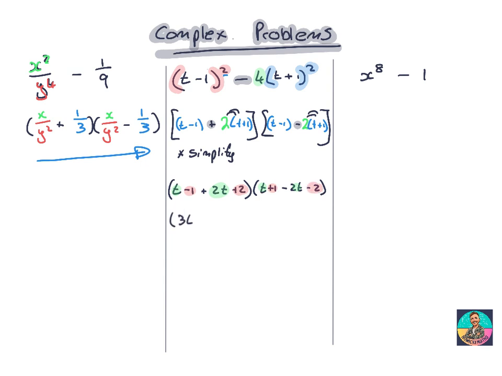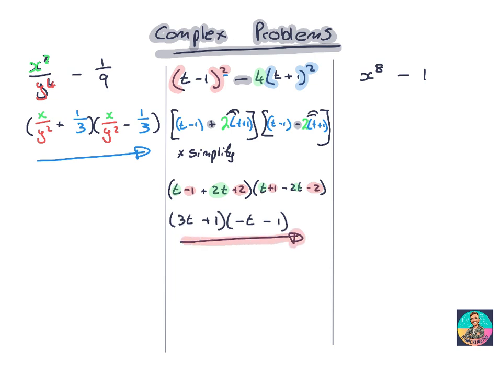That gives me 3t, and 2 minus 1 is plus 1. And the other one is t minus 2t, so that's a minus t and minus 1. And so that, even though they don't look the same, which is what we're kind of hoping for when doing a difference of squares, this was my difference of squares. And then I simplified that out, collecting my like terms, and finally finishing up with something that is in the most simplified form that it can be.